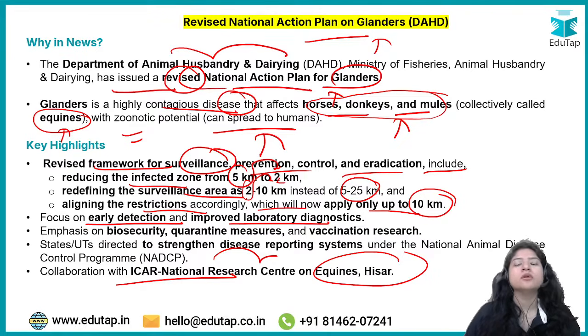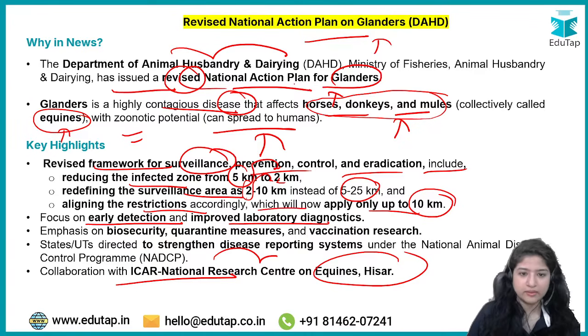So in fact, to take care of that, so that humane conditions, humane means even for animals, they are not over-exploited, right? They also deserve that equality in the world, right? They are not treated badly, they are given proper care, proper veterinary care. So for that reason also, this action plan has been launched.